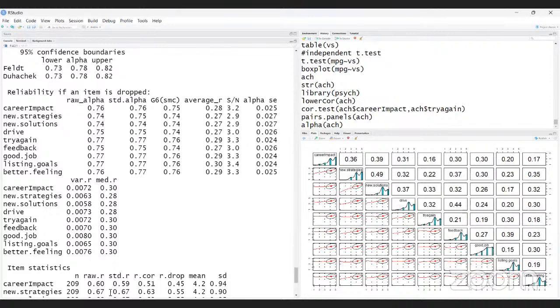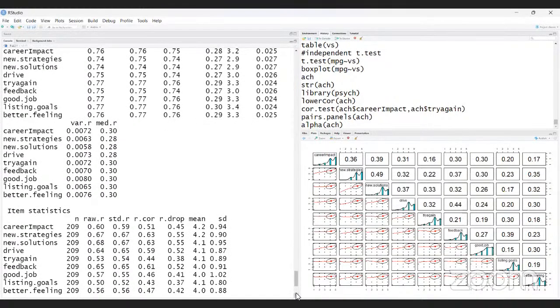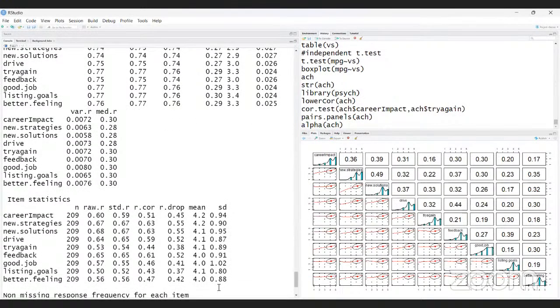And here you can find out the correlation between item and the variable.